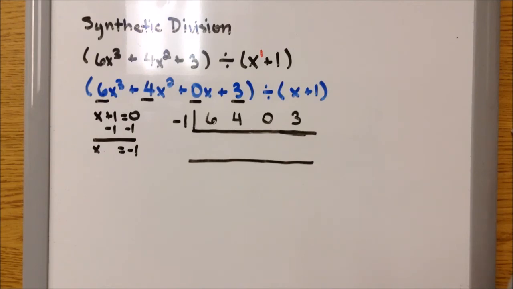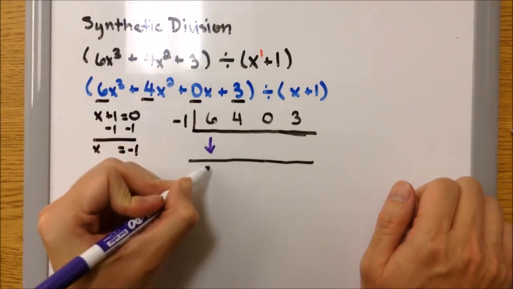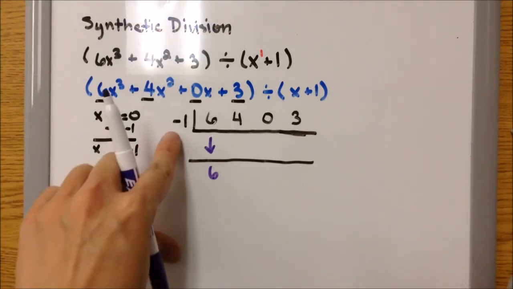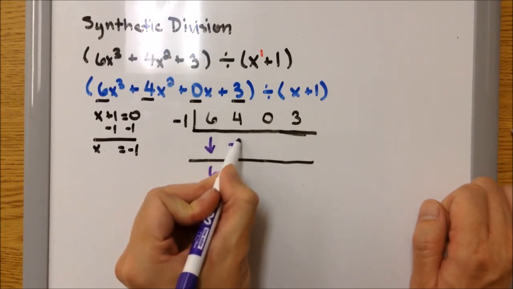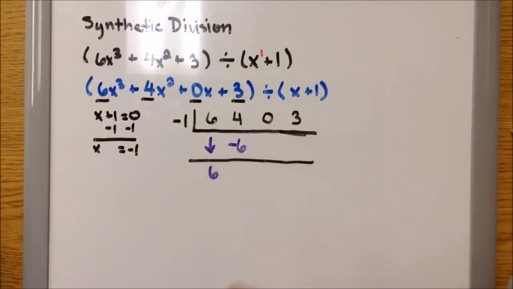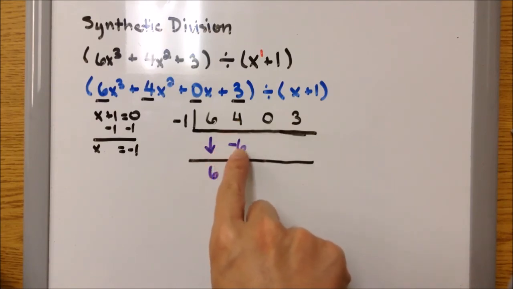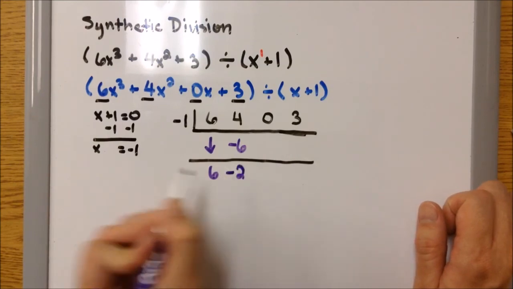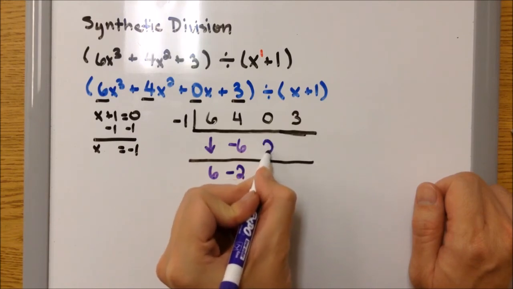Alright, so first step, bring down the first number, so the 6. So we bring down the 6, and then all we're doing is just negative 1 times 6, so that's negative 6. Alright, so all we're doing is just using the top number first, so 4 minus 6, that's negative 2. Alright, so negative 1 times negative 2, that becomes a positive 2.